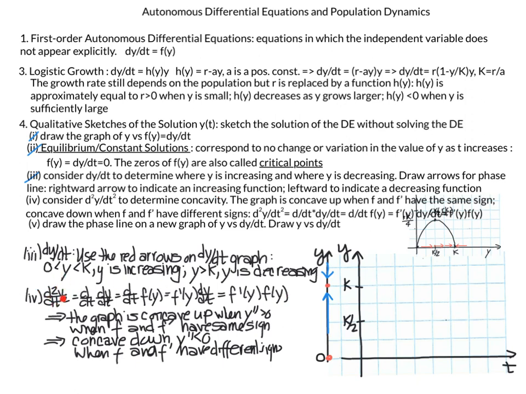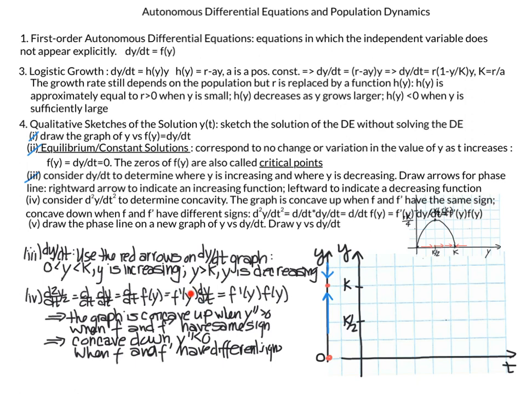So d²y/dt² is just the derivative, and then you take the derivative again with respect to t. So it's just d/dt of dy/dt. But dy/dt is just equal to f(y). Now I have the derivative of f(y). So remember, y is a function of t, so the derivative with respect to t of f(y) is f prime of y times dy/dt.